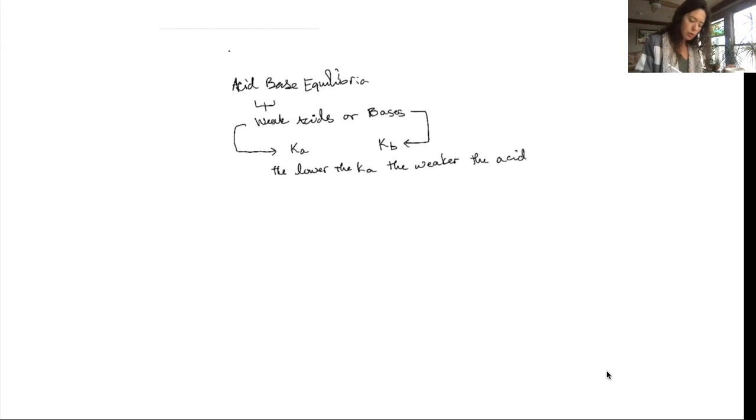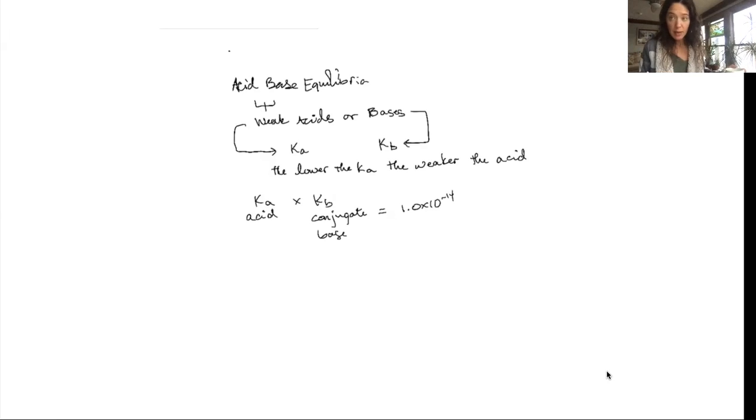Now, it's really cool that the Ka for an acid multiplied by the Kb for its conjugate base is always equal to 1.0 times 10 to the negative 14. So if I have a Ka and need a Kb, I can easily get that value.